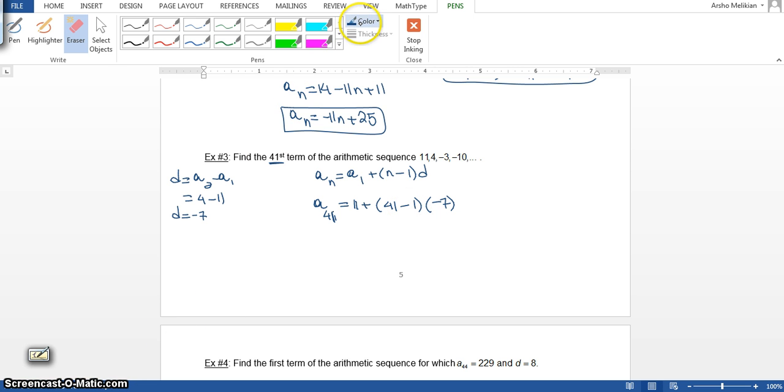So what I have now is 11 plus 40 times negative 7. So A subscript 41 is going to be negative 269.